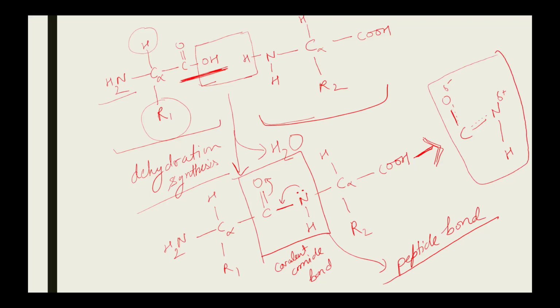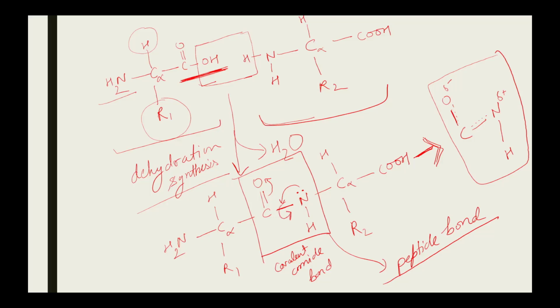Due to the presence of the partial double bond, this becomes a more or less rigid structure, not a very movable bond. So the movement around this peptide bond is restricted.